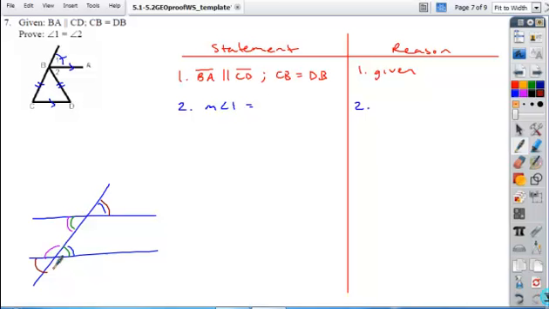So you're going to be looking for one of those angle pair types. In this particular case, angle 1 is equivalent to its corresponding angle, angle C. Okay, so we could justify it as CA, corresponding angles of parallel lines are congruent.